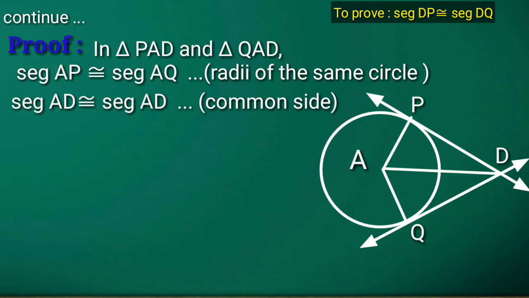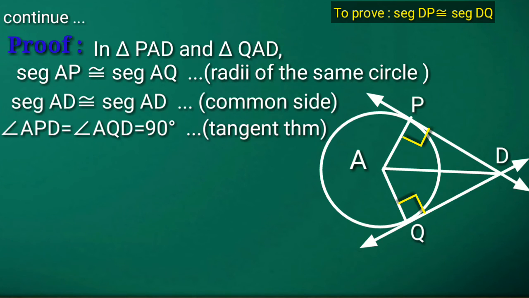That means that lines are perpendicular to radii AP and AQ respectively. Therefore, angle APD equal to angle AQD equal to 90 degree.